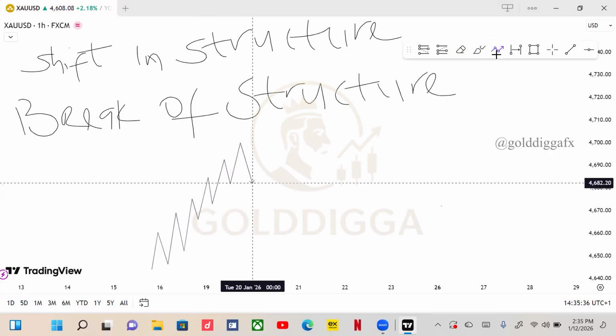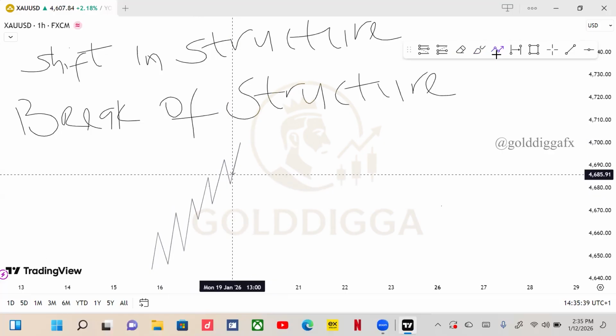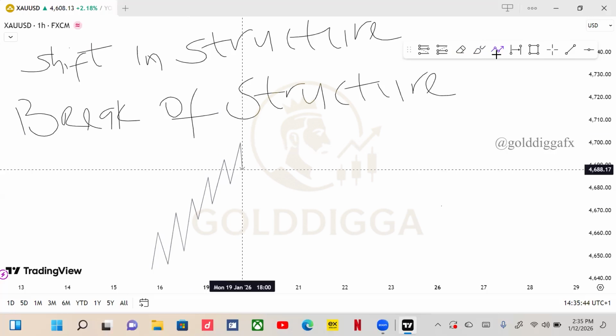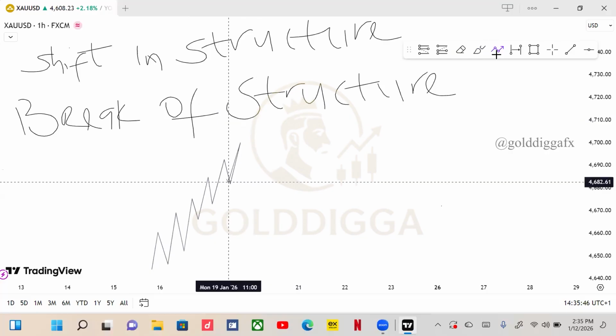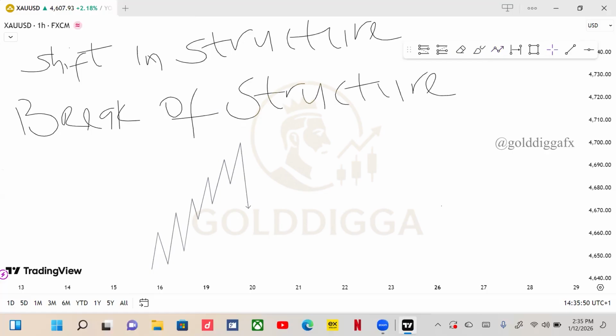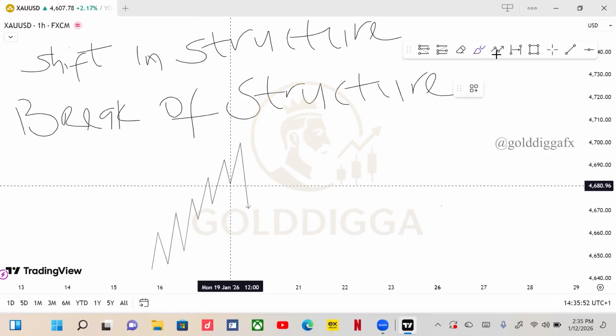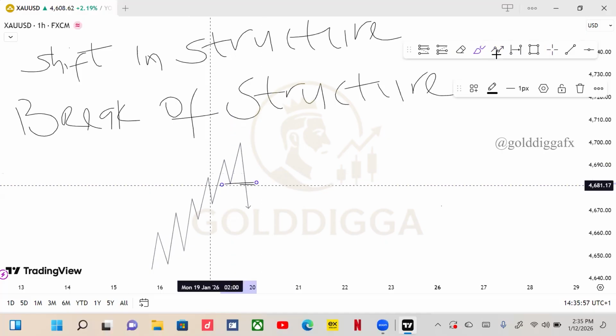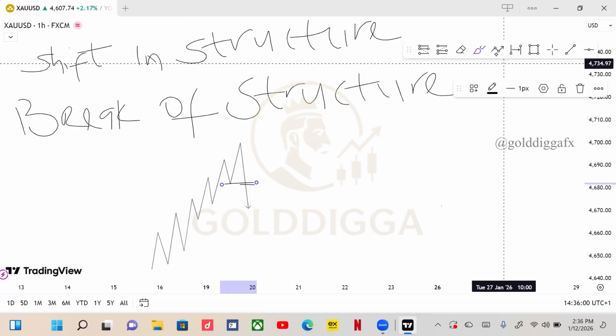And instead of this higher low that made a higher high, this higher high should make a higher low and go higher. But instead, price breaks the higher low from here. The most recent higher low, the last one, price breaks it. Now, once this higher low is broken, that is what we call a shift in structure.